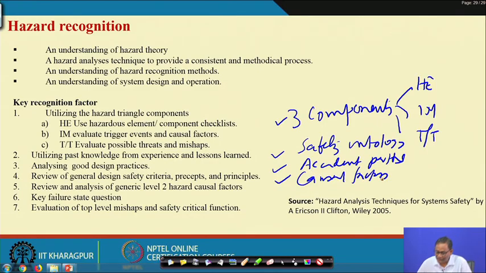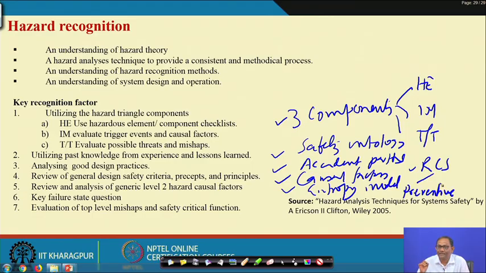And you found that the causal factors can be related to system components, the entropy model. Then I also talked about risk control systems, which are of two types: preventive, meaning the control measures to prevent an accident from happening, and then mitigative, meaning even if an accident has taken place, the severity can be minimized.